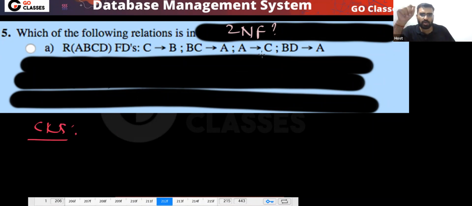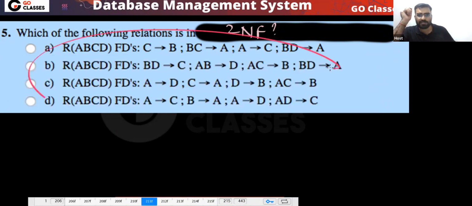Is there anyone who has written it in your notes? Please check. We have already seen one question where you have four options. Is this the same as that? Okay, this is different, right?